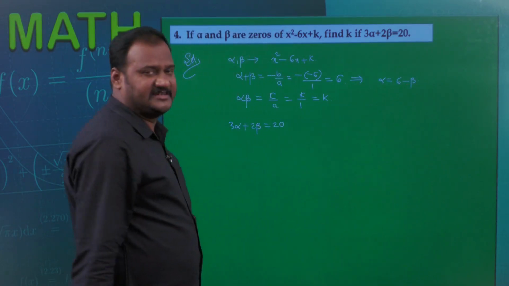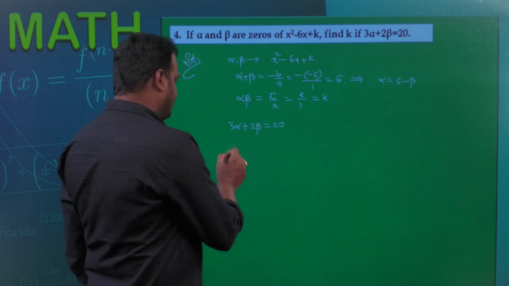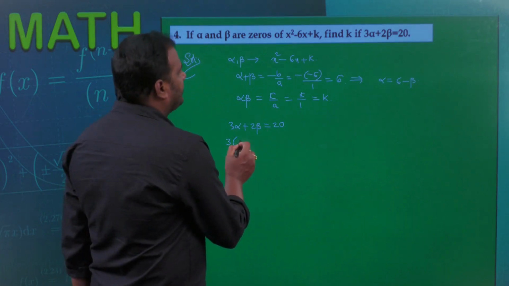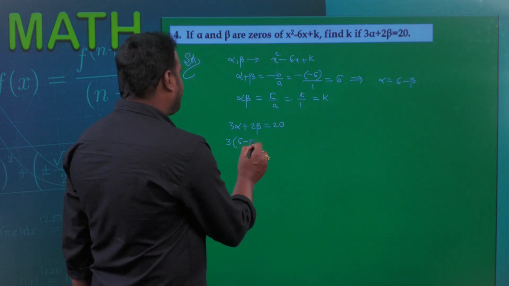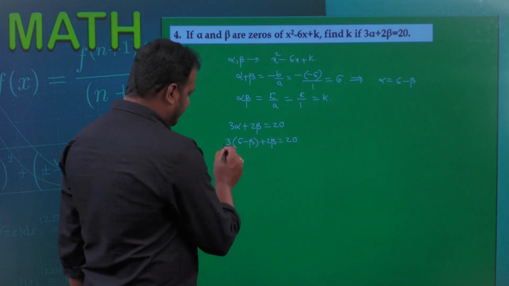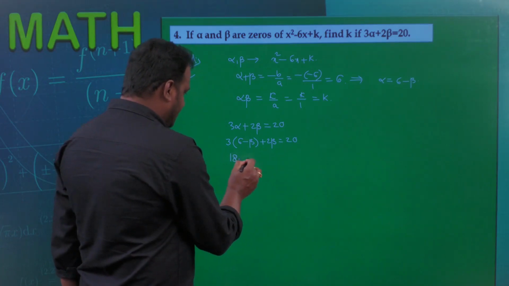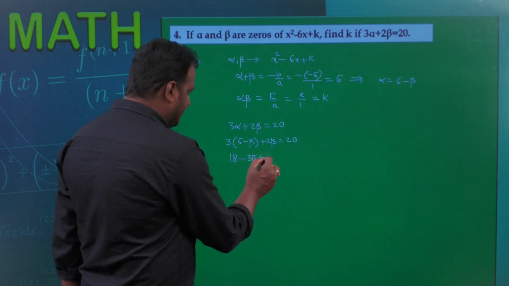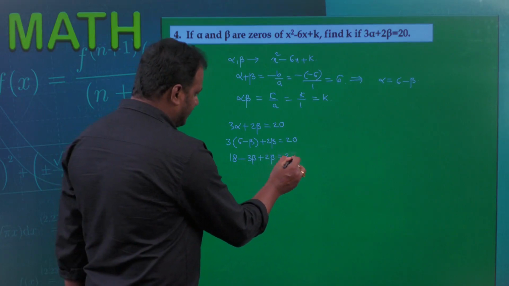So if you write 6 minus beta in the place of alpha, 3 into 6 minus beta plus 2 beta is equal to 20. Then 3 into 6 equal to 18 minus 3 beta plus 2 beta is equal to 20.